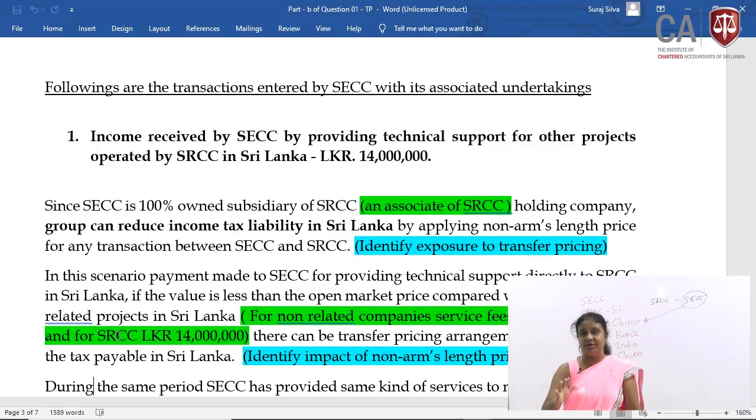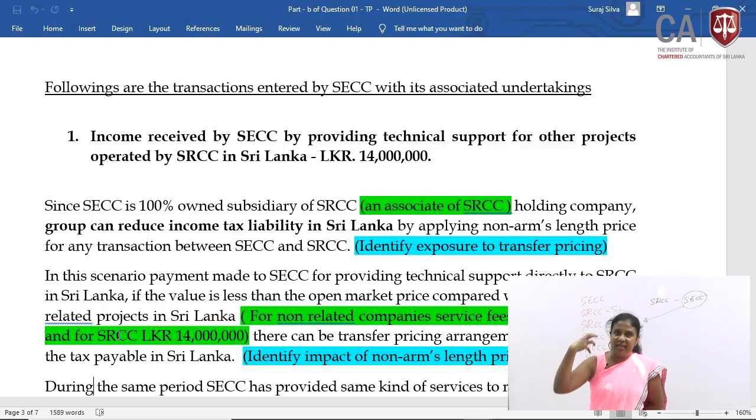Now see all the background information given in the answer. Since SECC is a 100% owned subsidiary of SRCC, that means under transfer pricing, it is an associated enterprise. The holding company group can reduce income tax liability in Sri Lanka due to being associated organizations.